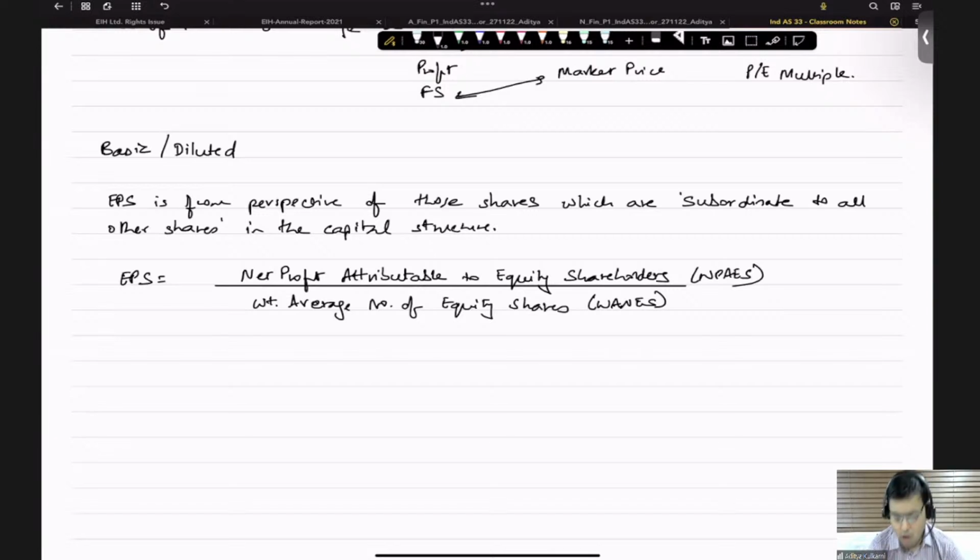So you all know weighted average number of equity shares, you know net profit attributable, but we will just quickly revisit what we mean by weighted average number of equity shares. Then we will discuss net profit attributable to equity shareholders. उसके बाद divide तो आप कर ही लोगे once we get the understanding of these two.